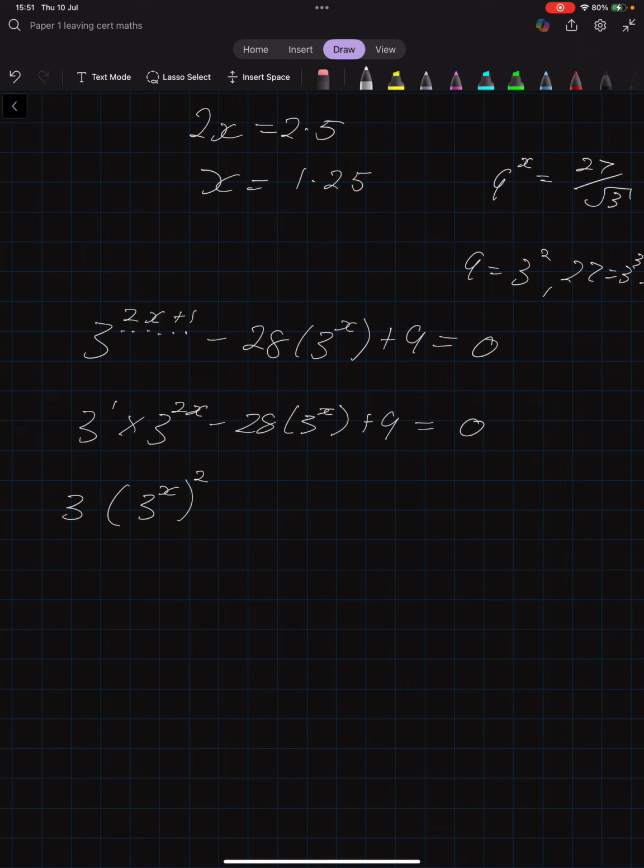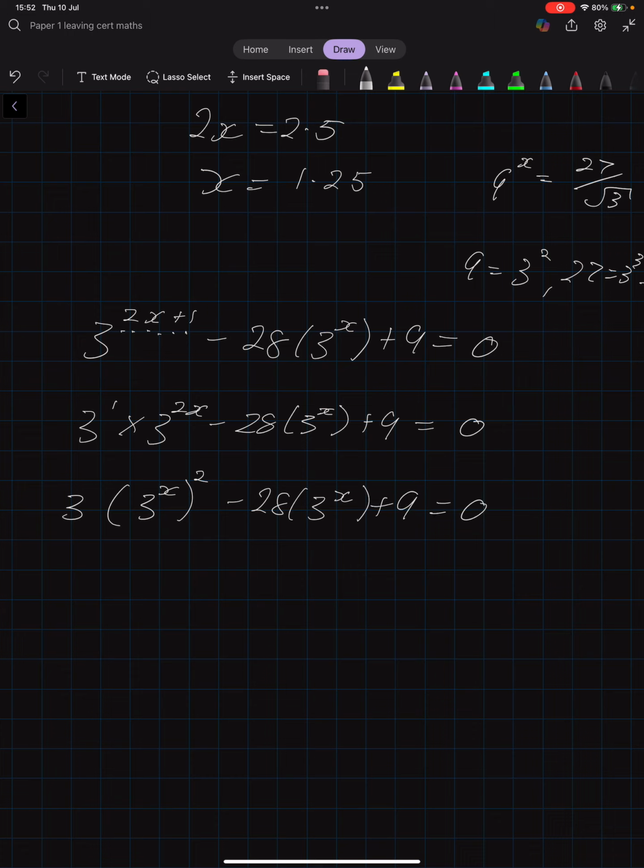So 3 to the 2x, that's just 3 squared to the power of x, but it's also 3 to the power of x all to the power of 2. Because remember, you multiply these powers. Okay? Minus 28 times 3 to the x plus 9 equals 0.